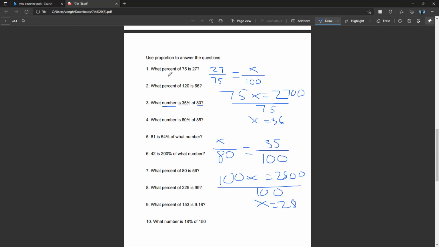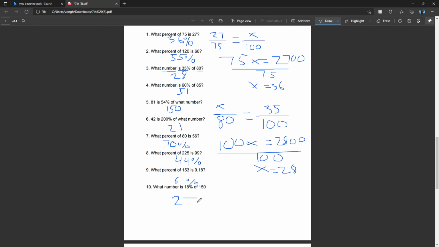So the answer for 1 is 36%, and 3 is 28. I'll write down all the answers so you guys can try these on your own and check. So 2 is 55%, 4 is 51, 5 is 150, 21, 70%, 44%, 9 is 6%, and 10 is 27.